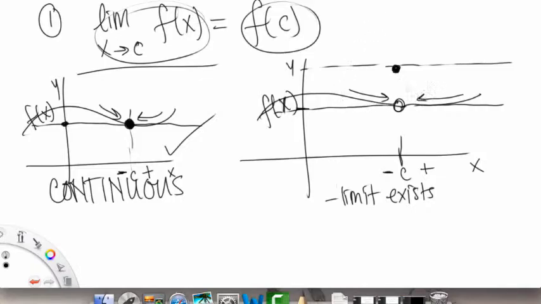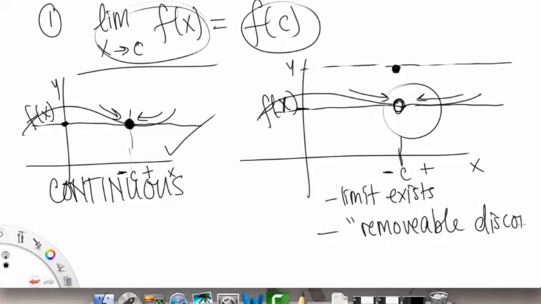So this hole here is called a removable discontinuity. Again, the limit exists, but the point jumped, so it is a removable discontinuity.